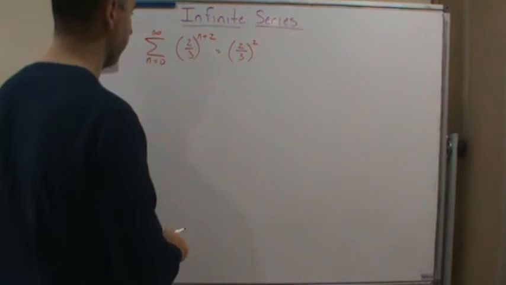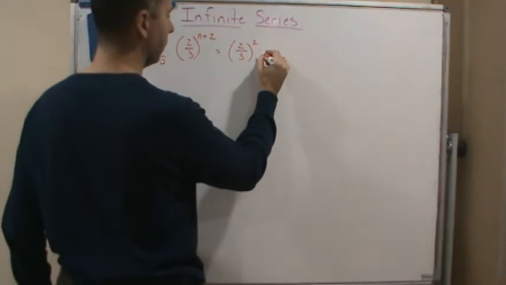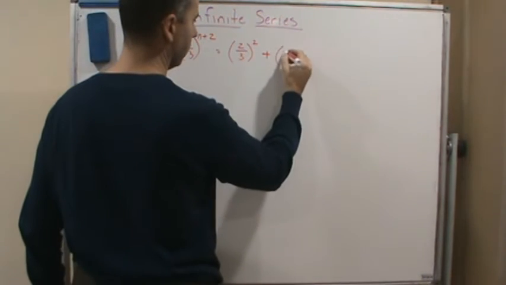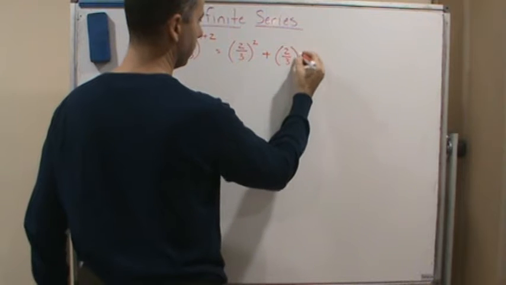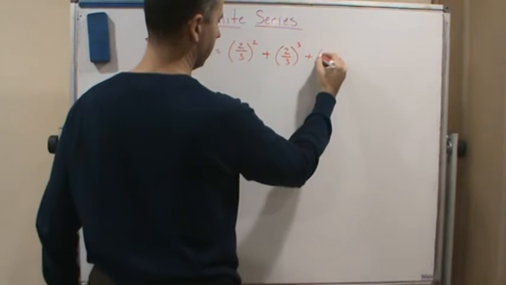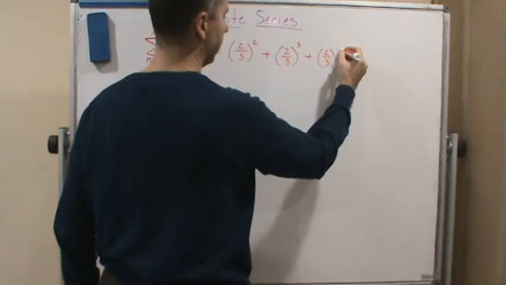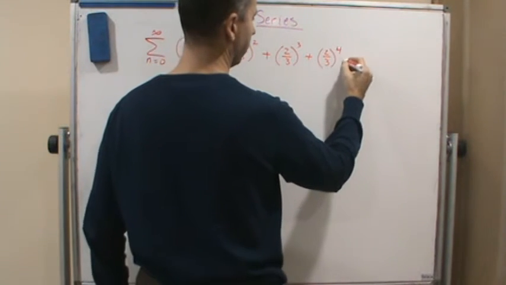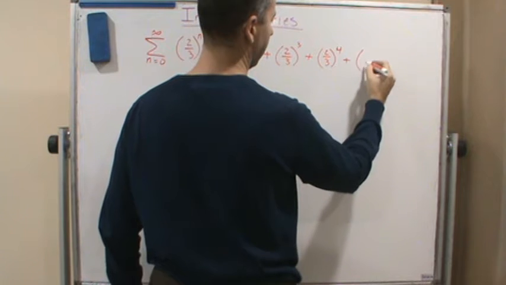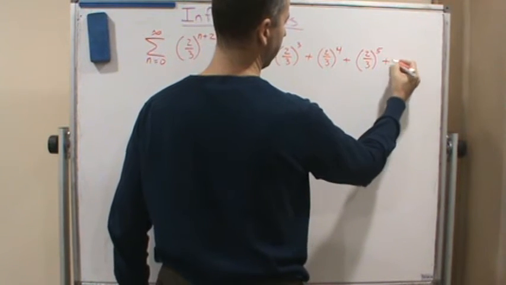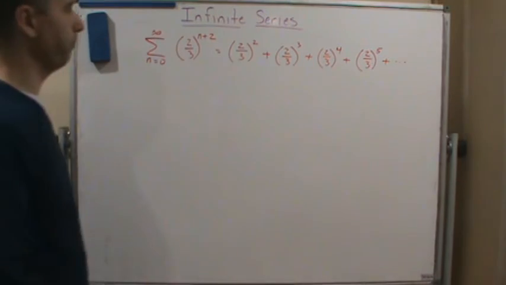And then plus, when n is 1, we get 2/3 cubed. Plus 2/3 to the 4th plus 2/3 to the 5th, and so on.